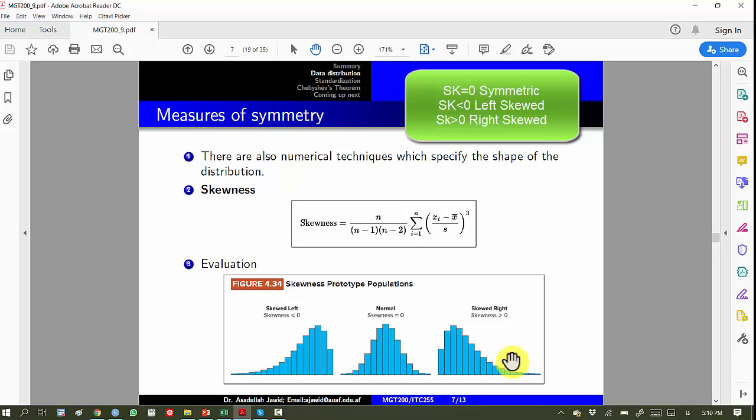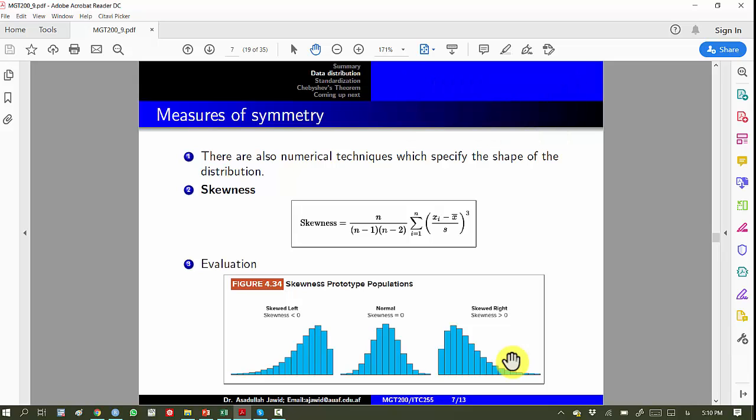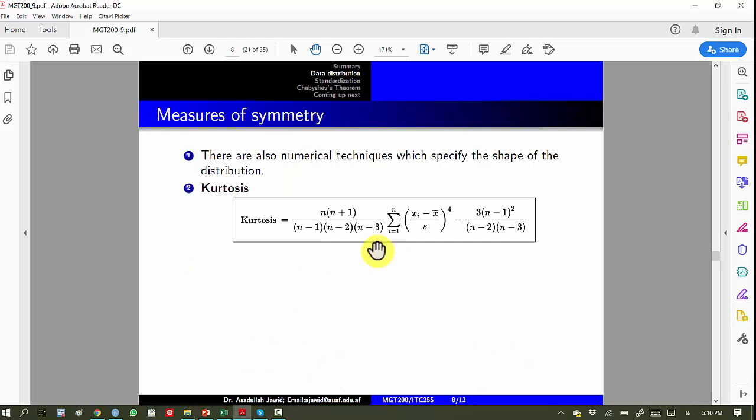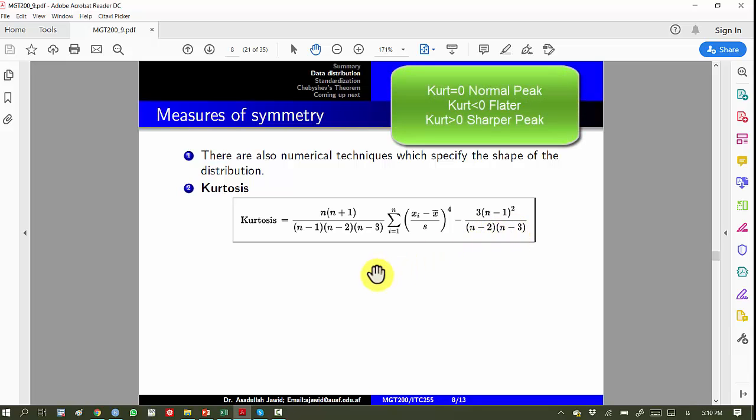The second measure which we use in order to specify the shape of the distribution is called kurtosis. As you can see, the kurtosis is calculated using this formula: n times (n plus 1) divided by (n minus 1) times (n minus 2) times (n minus 3), times the sum of each observation minus mean divided by standard deviation to the power 4, minus 3 times (n minus 1) squared divided by (n minus 2) times (n minus 3).